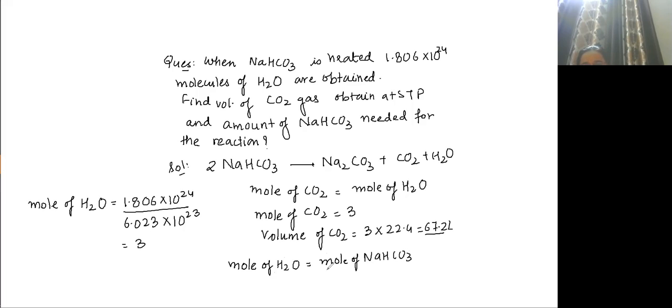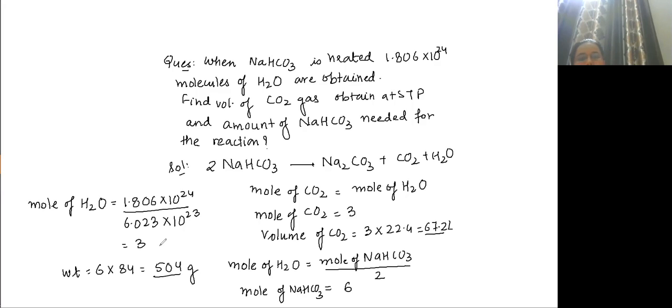Good, Praful. So moles of NaHCO3 will be equal to 3 into 2, 6 moles. How will you calculate weight? Weight is moles into molecular weight. What is molecular weight of NaHCO3? 84. So this is equal to 504 grams.